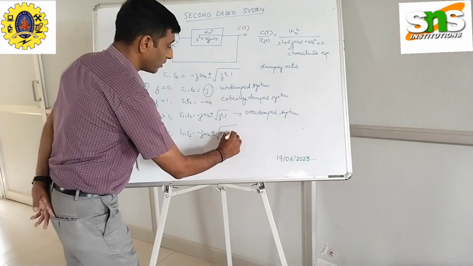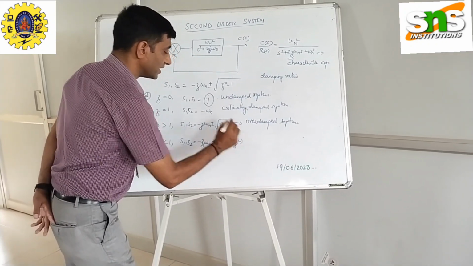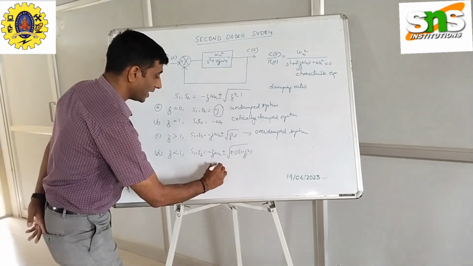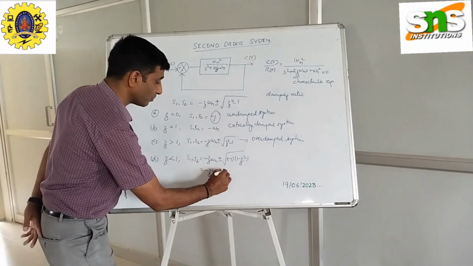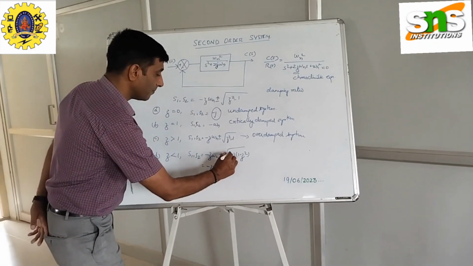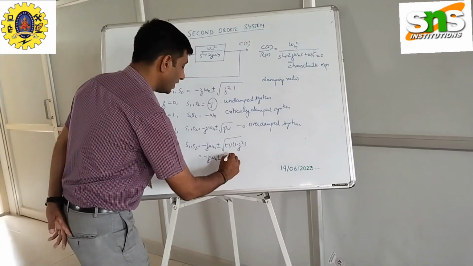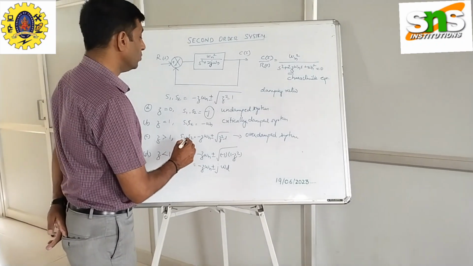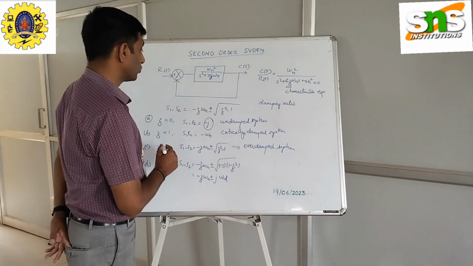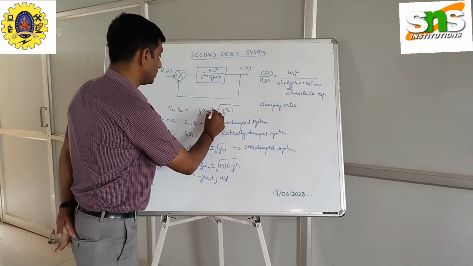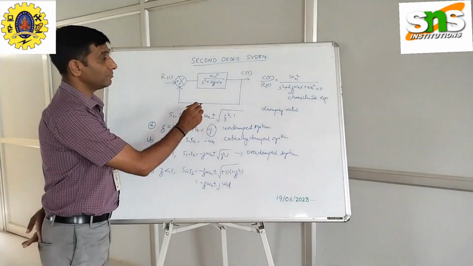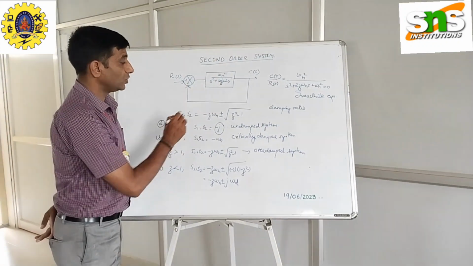So this becomes 1 minus zeta squared, which I can write as minus zeta omega n plus or minus, and I'll take this minus 1 outside, so it is j omega n. So here I'll get minus b squared minus 4ac divided by 2a.